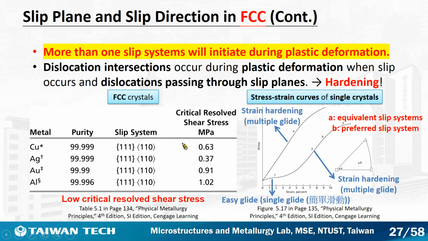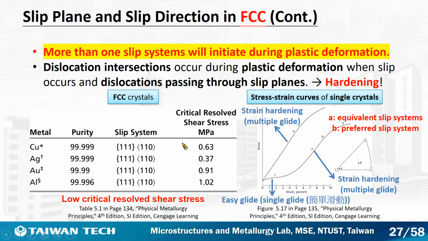And let's talk about more. So we now know that we have 12 slip systems, right? And if we try to increase the external stress on the material, then eventually one of the slip systems among the 12 will be initiated.